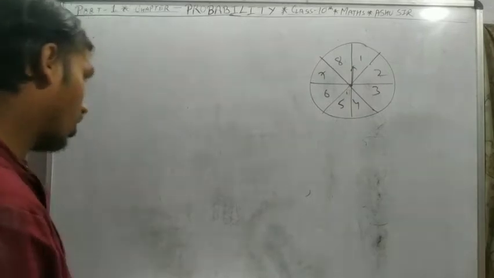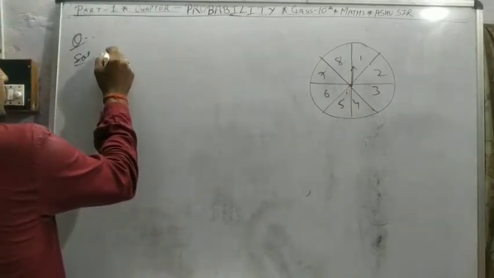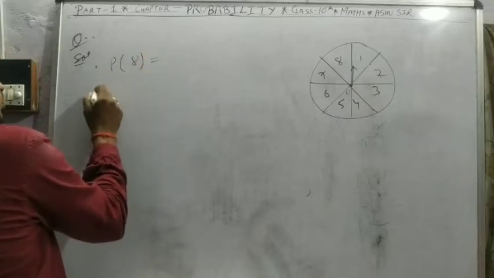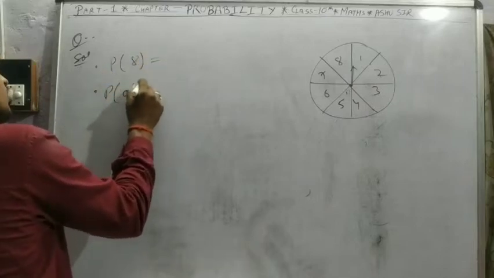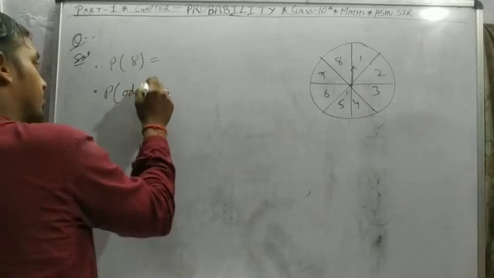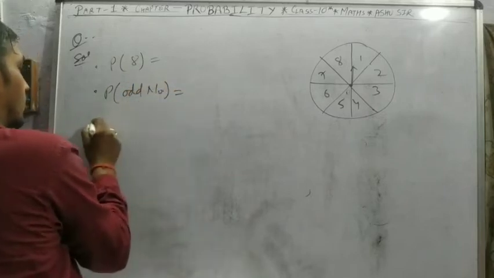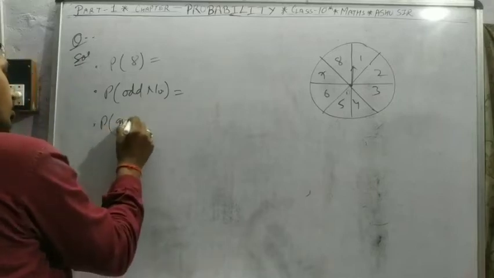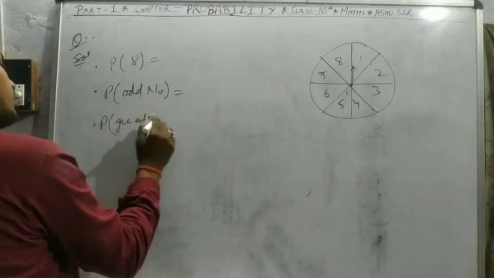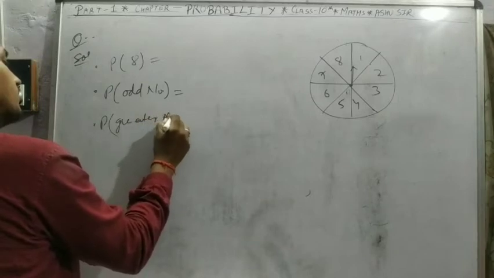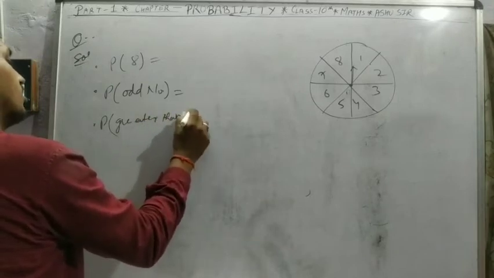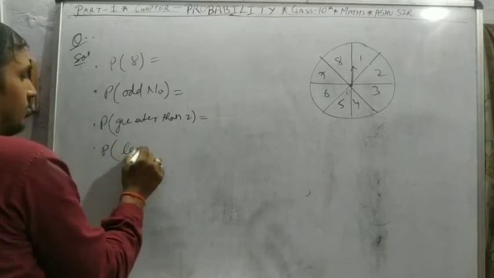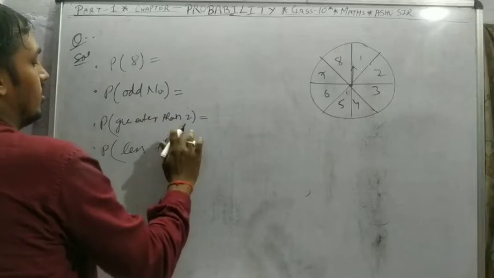So what is the probability of 8, the probability of odd numbers, the probability of greater than 2, the probability of less than 9?